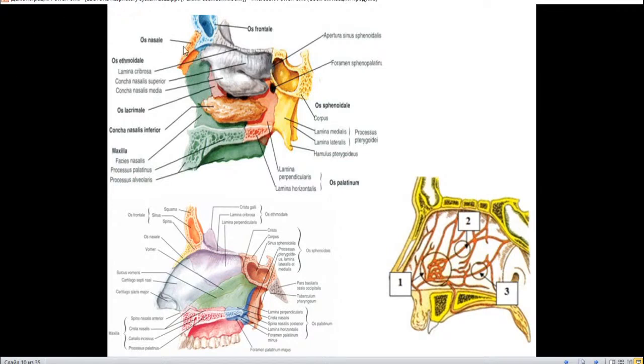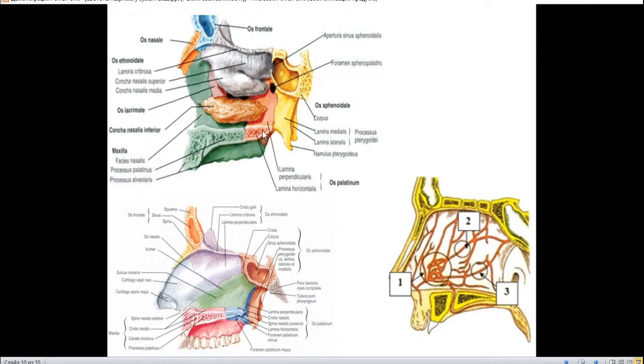So the upper wall of the nasal cavity is formed by nasal bones, then the nasal part of the frontal bone and the cribriform plate of the ethmoid bone. Then the inferior wall of the nasal cavity is represented by the palatine process of the maxilla and the horizontal plate of the palatine bone.